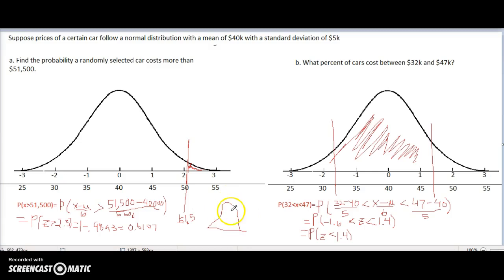So 1.4 less than, that's on this side, right, minus the probability on this side. So minus the probability that z is less than negative 1.6.